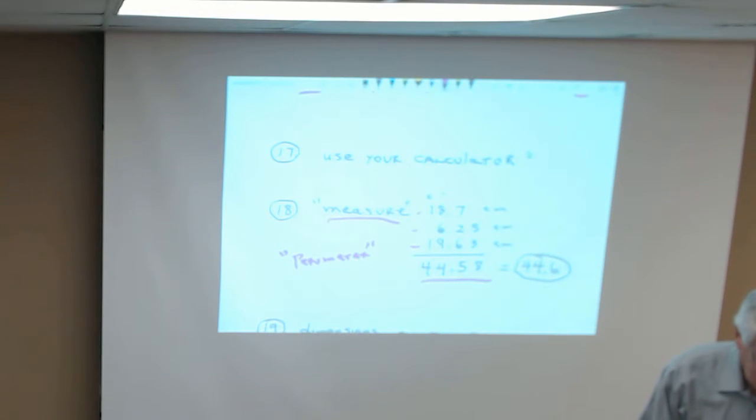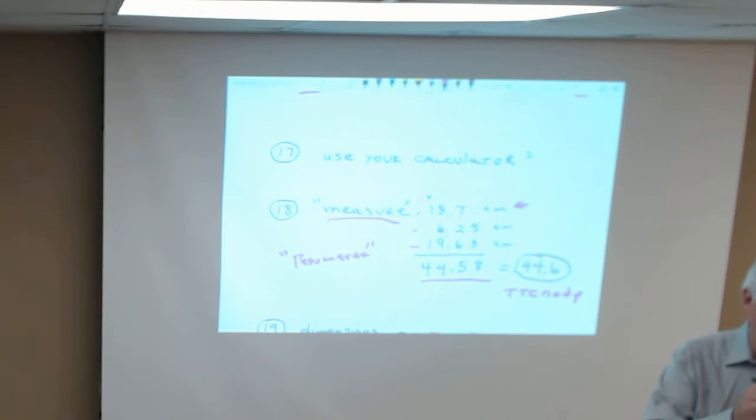Because on the test, it will say to the correct number of decimal places. Now, how do you determine how many decimal places to have in your answer?